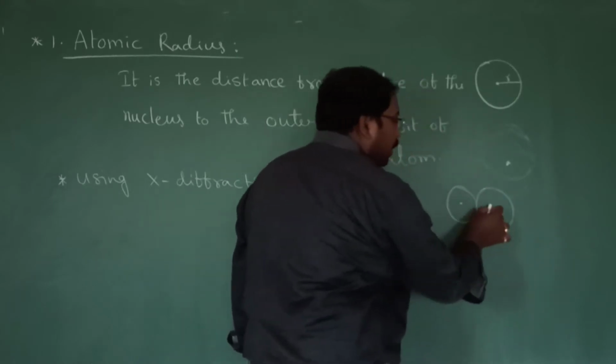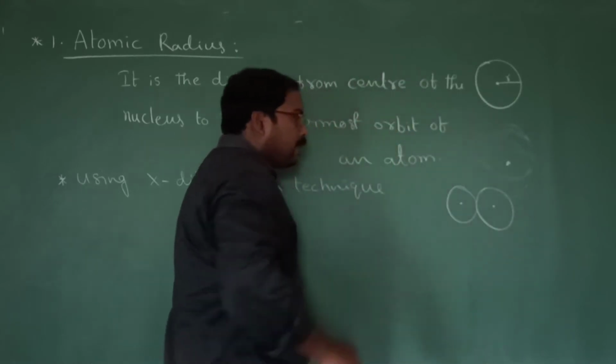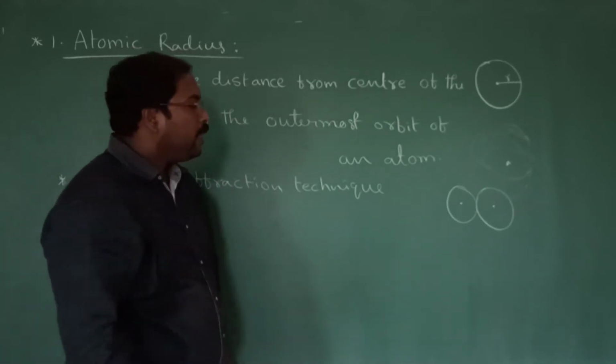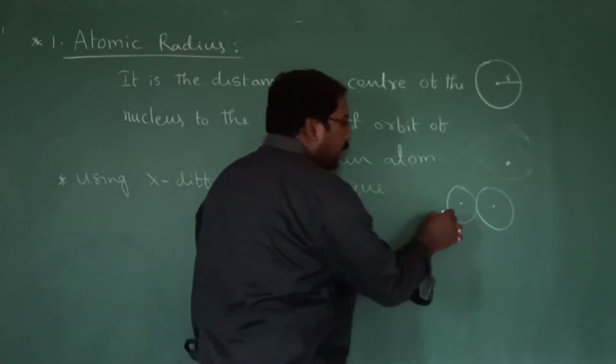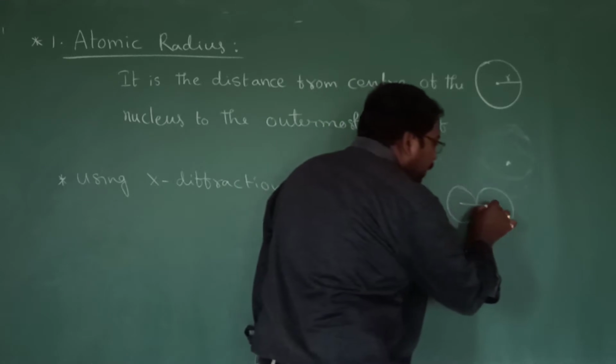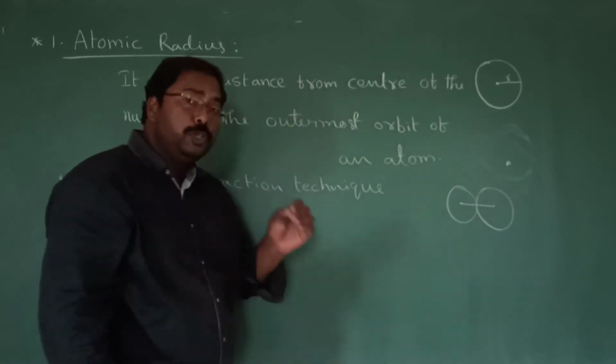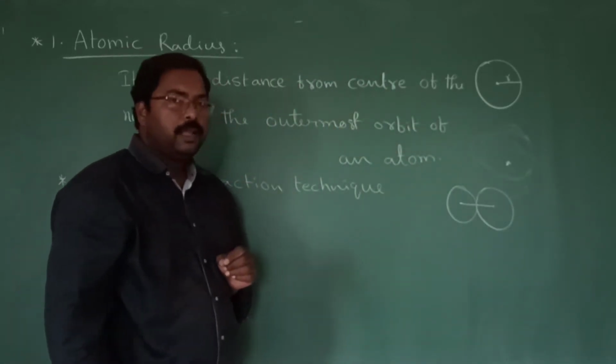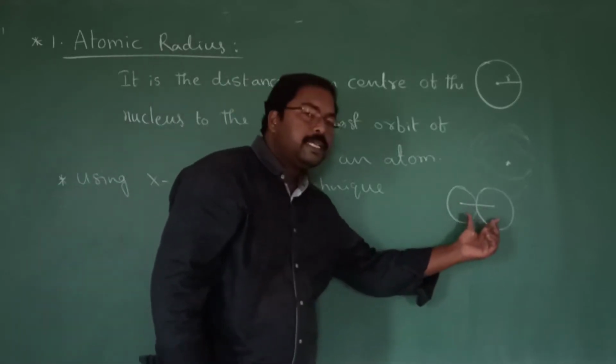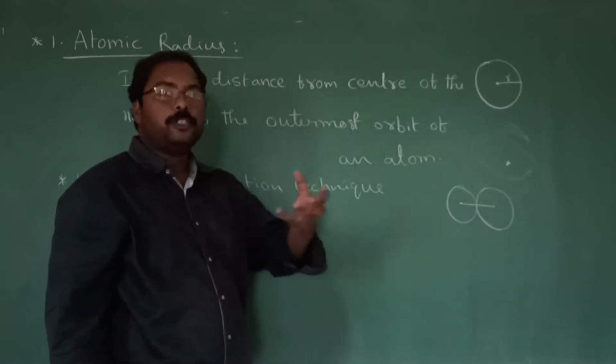When two atoms are present together, then using the X-ray diffraction technique, you can find the distance between two nuclei. Why am I saying nucleus? Because the nucleus is positively charged.